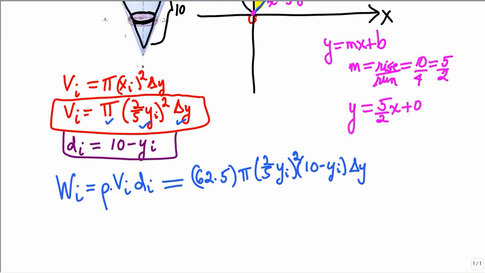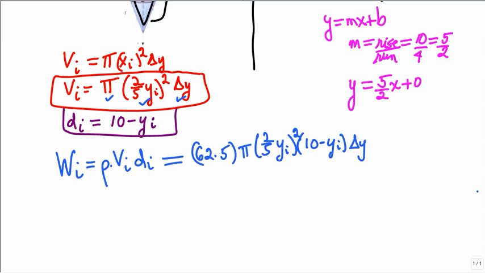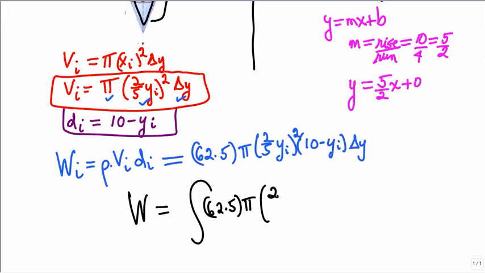Based on this, we now have the integral. The work integral is the integral of 62.5 pi (2/5 y) squared (10 minus y), and the delta y becomes a dy.